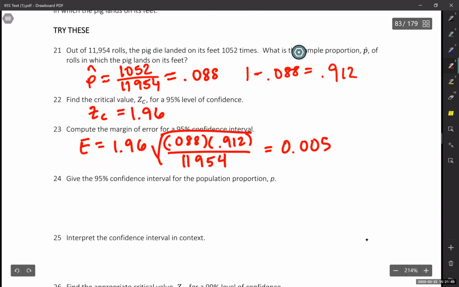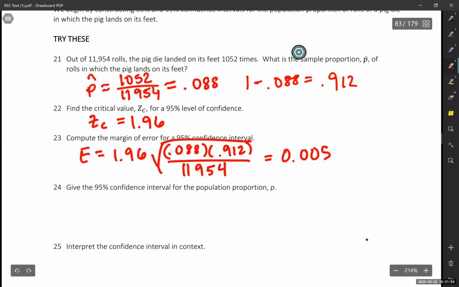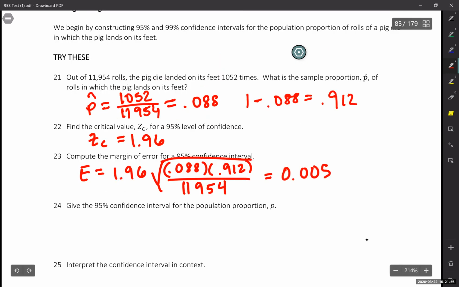So then our confidence interval would be p hat minus e, p hat plus e. Our p hat is quite small, so I need a 0 in there. So then our e is also small. It's going to be a pretty small interval. Add point, that's a 5, not a 6.